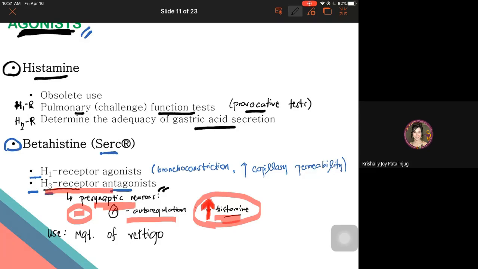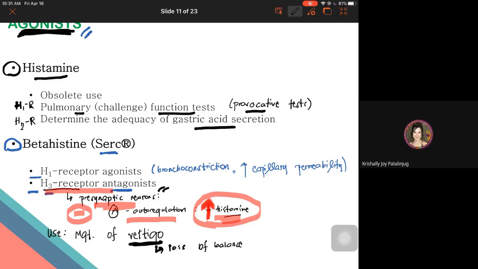Okay? So, yung problem kasi, underlying problem during vertigo, you have that loss of balance. Okay? You have that loss of balance. Why? Bakit nagkakaroon ng loss of balance during vertigo?